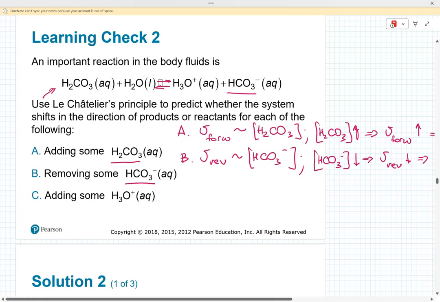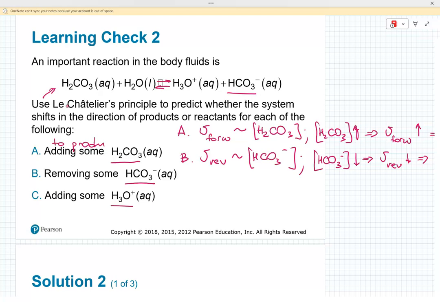Now, using the same logic, H3O plus. If we add a little bit more H3O plus, to which direction does the balance shift? So, say again? Towards the product. If I ask you, what did you say? It's because I didn't hear it, not because it was wrong. Okay? So, Zach's right.